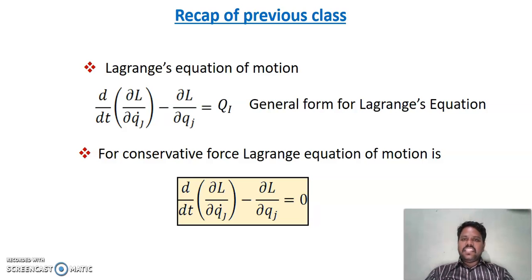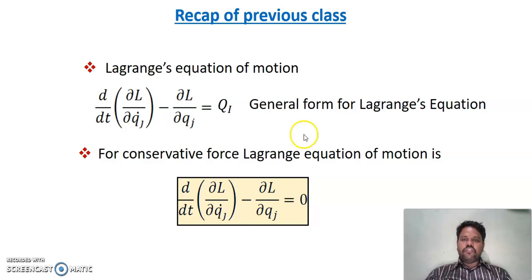So in the last class, we derived Lagrangian equation, where the Lagrangian equation of motion is d by dt of dou L by dou Q dot J minus dou L by dou Qj is equal to Qi, which is a generalized form of Lagrangian equation.